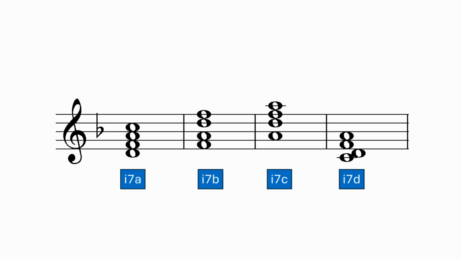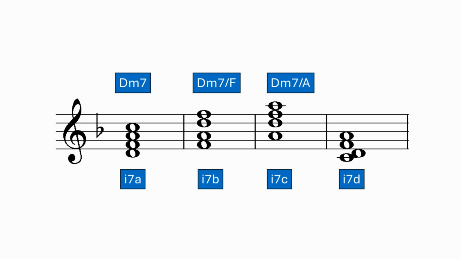D minor 7 in root position is just Dm7 because the bass note is the same as the fundamental note. In first inversion, it's Dm7/F. Second inversion is Dm7/A. And third inversion is Dm7/C. The note after the slash just tells you what the lowest sounding note of the chord is.